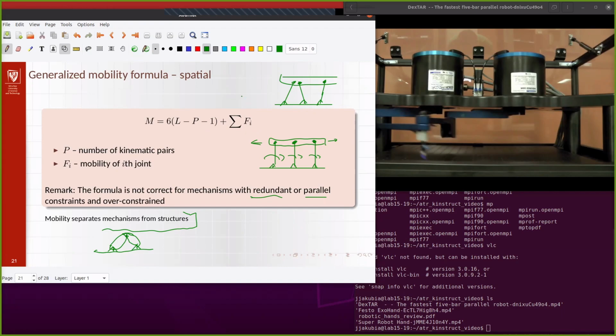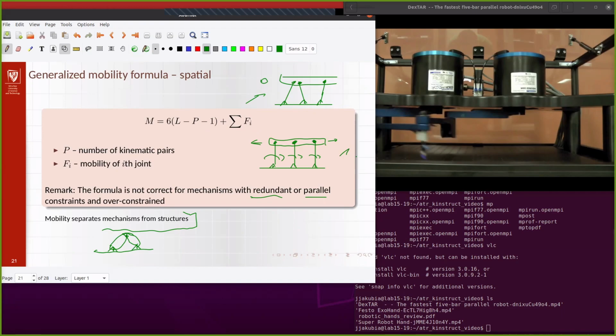In fact, the formula will give us 0 degrees of freedom of this mechanism. But in certain conditions, because of the certain lengths and the symmetry, we will have so-called redundant, or sorry, in this case it will be parallel, but parallel is a kind of redundant constraint type. In fact, the degree of freedom for this will be 1.